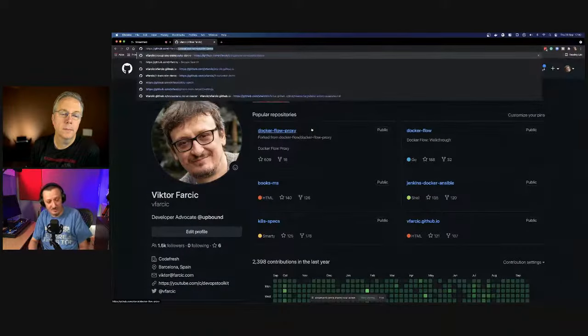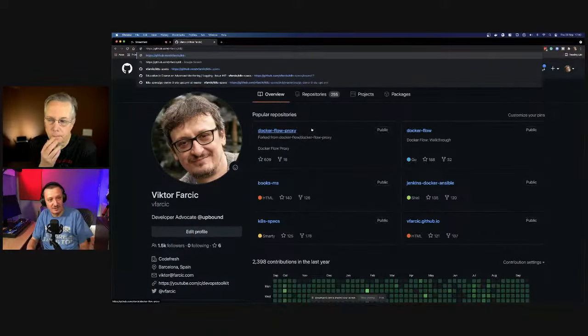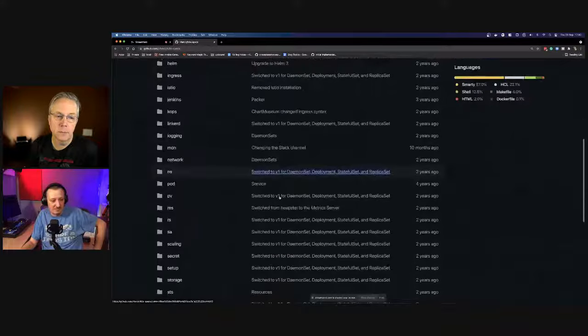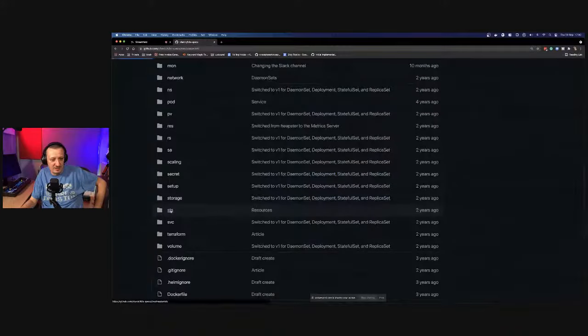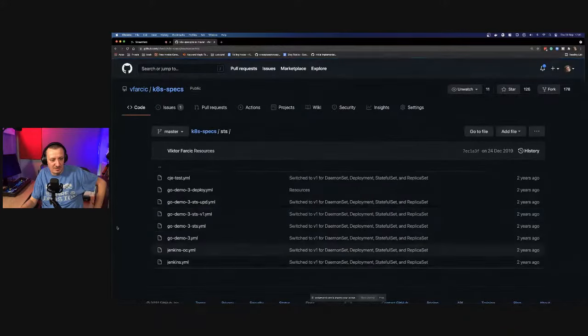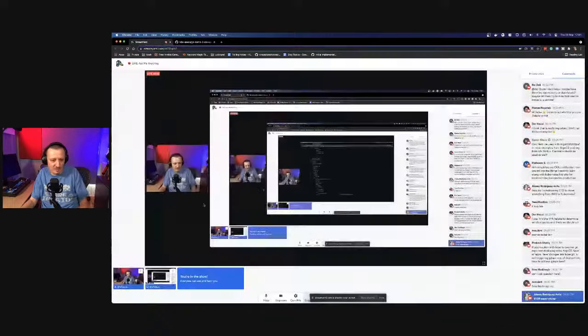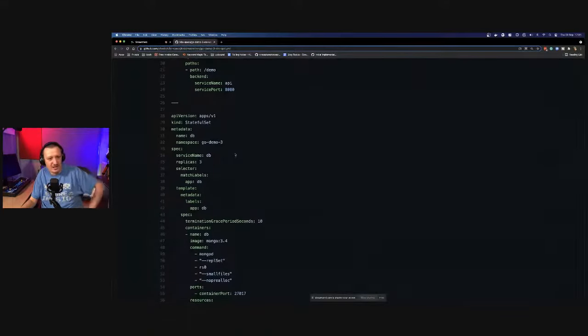Let me see one repo that I have some example. Here we are, specs. I think I must have something here. Let me find an example of stateful set. This is from one of the books that we wrote a long time ago. Right now, the specification. I think the specification is almost the same as deployment, right?